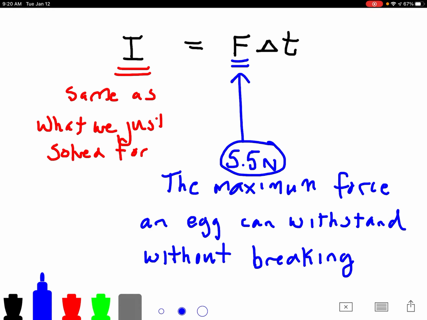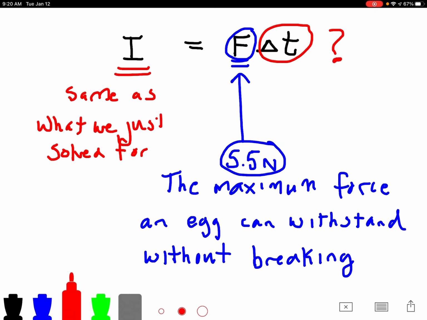So we're not asking for exactly what your impact time was. I'm asking for your minimum impact time. That at minimum, it must have come to a rest in this time, but it could have been a little bit longer. The exact values can vary, because remember, we are just multiplying this force times this time. The time is what we are trying to solve for.